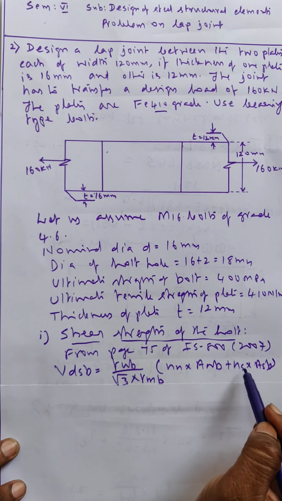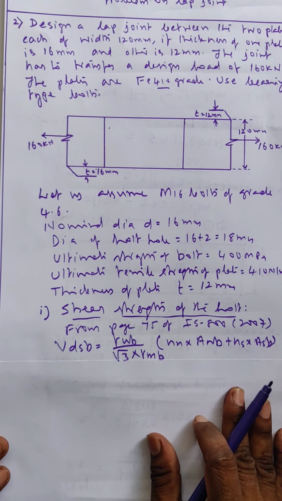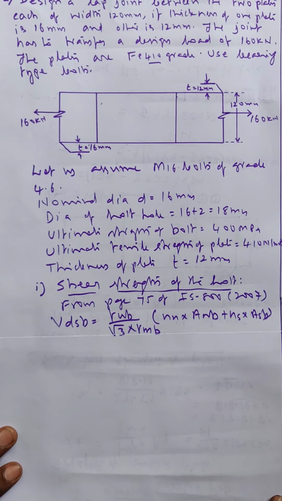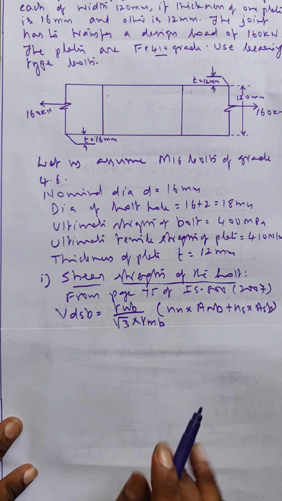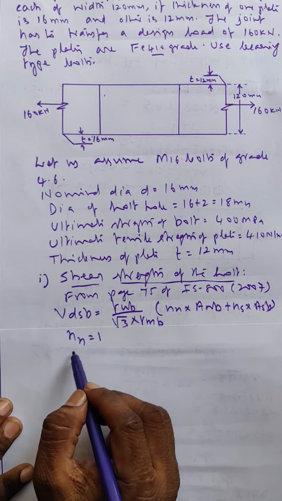In the lap joint, always n_s equals 0, n_n equals 1 we are considering. Now here we have to consider n_n equal to 1 at the root thread.